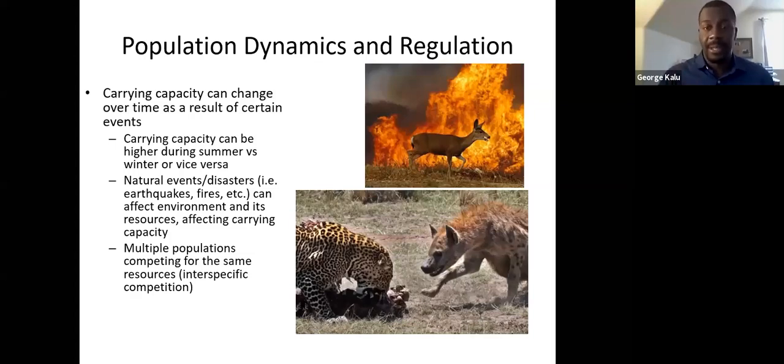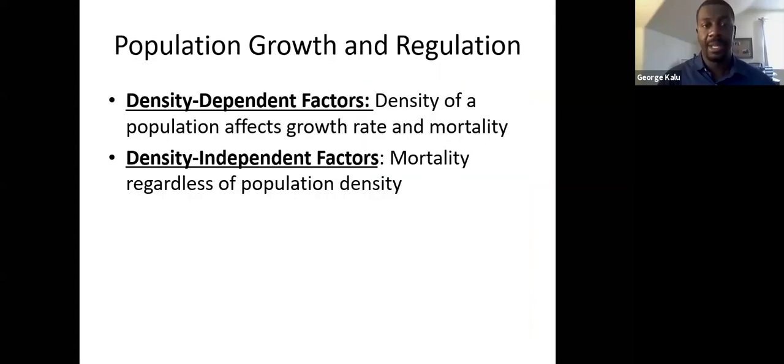And so, for example, here we see a leopard competing with a hyena for those resources. And so that's where we get interspecific competition, where you have competition for the same resources across different species. Okay. And again, that's going to be due to carrying capacity shifting as a result of resources usually declining.